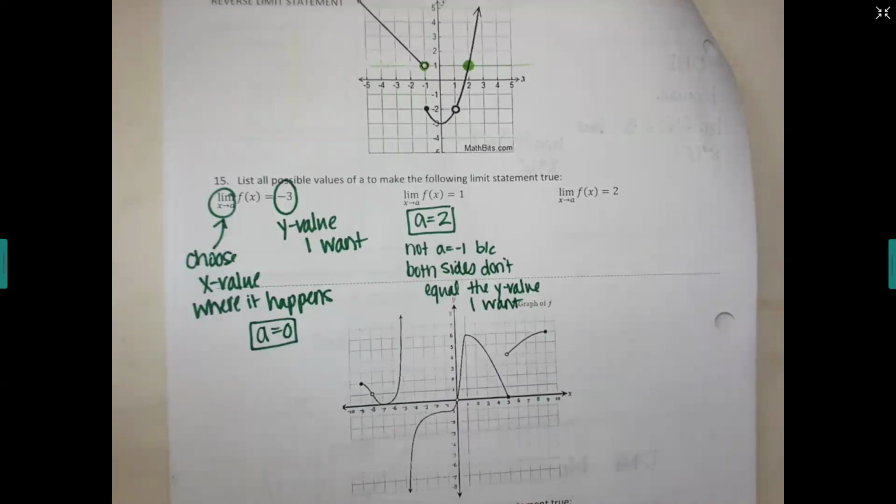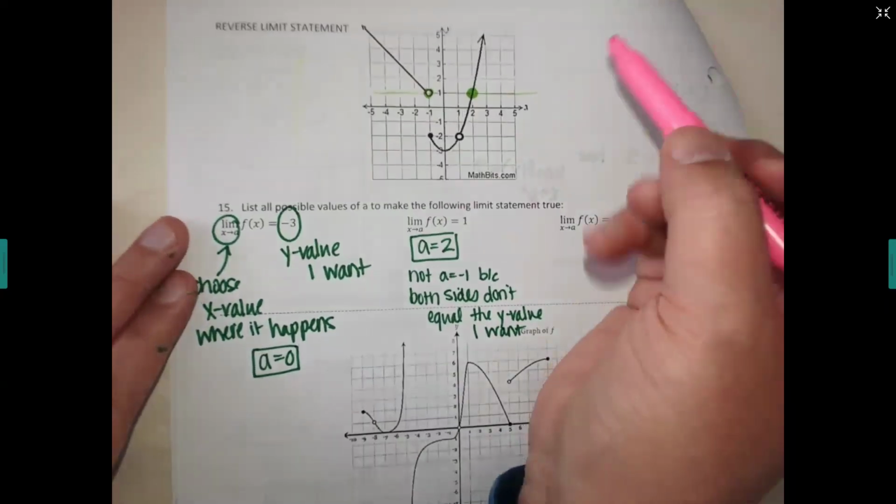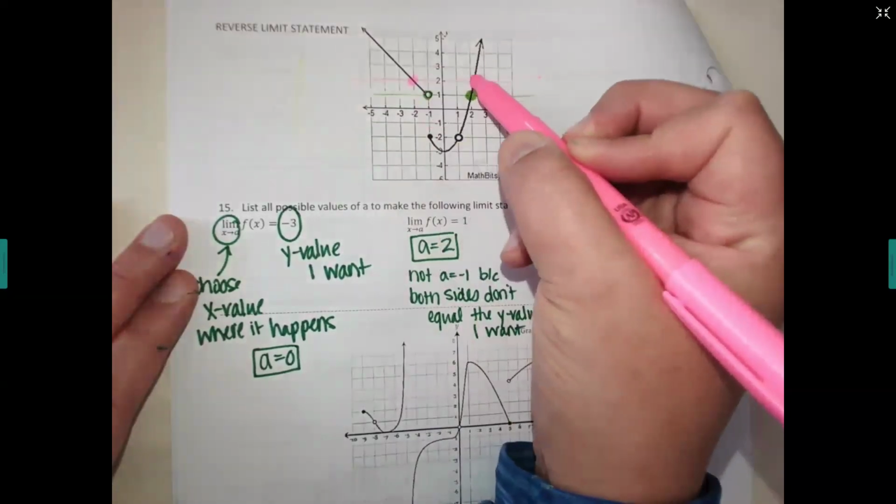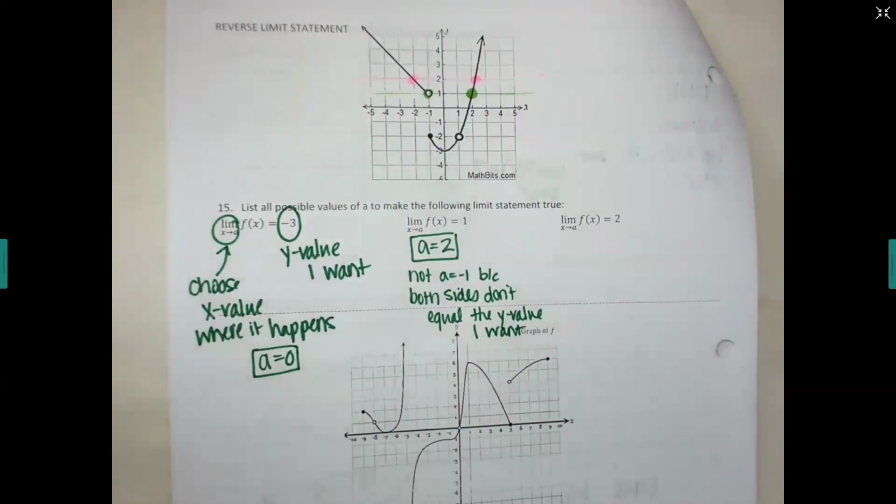Okay, last one like that, we're doing approaching 2. So look at your graph. Find all the places that your y is 2. So 2 is the y value that I want. I see it happens here and here. Will those both qualify as two-sided limits? Yes, and I'm listing the x's where those happen.